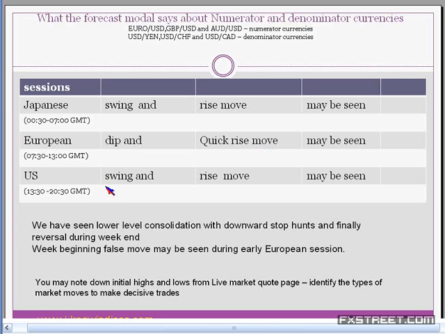Then Friday, this time you could come across a very significant rise in the market from the start of the Japanese session. They could make a swing and rise, and a quick rise during the European and US sessions. And then a little bit of profit booking towards the close of the US session could be seen on 23rd.